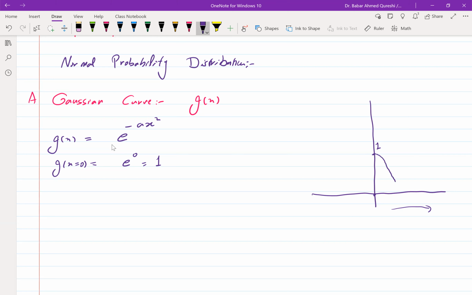So it decreases very, very fast. But also, since it's a square over x, if I give it negative values of x, the square again makes them positive. So again, it decreases. The values of g of x I'm plotting on the y-axis, they again start decreasing very quickly. So this kind of a function takes the form of a bell which is very, very quickly decreasing.